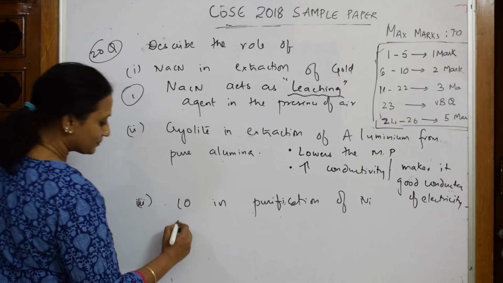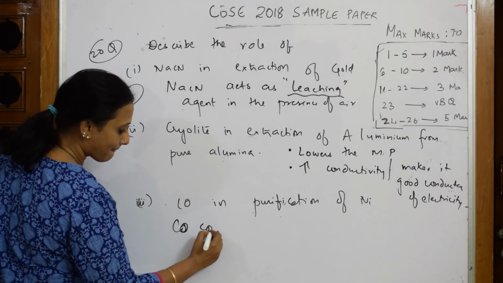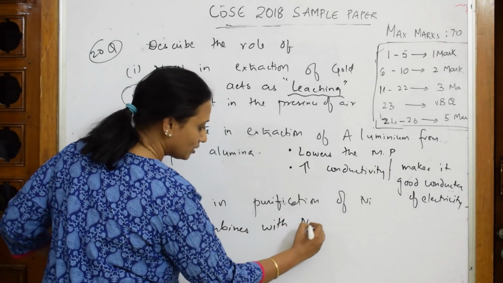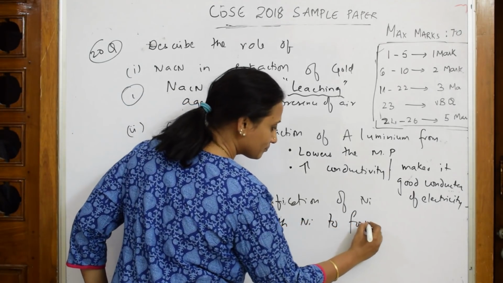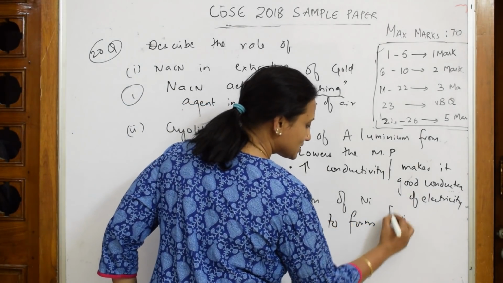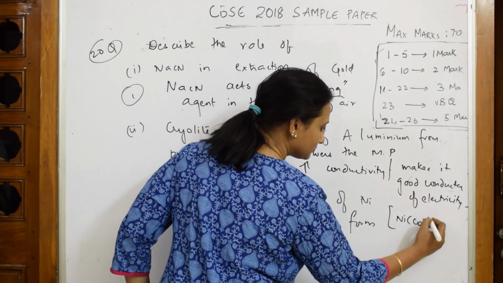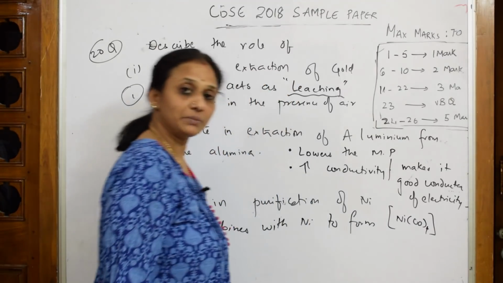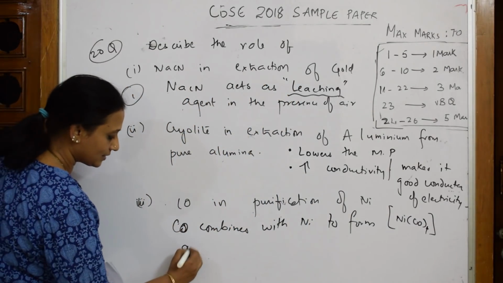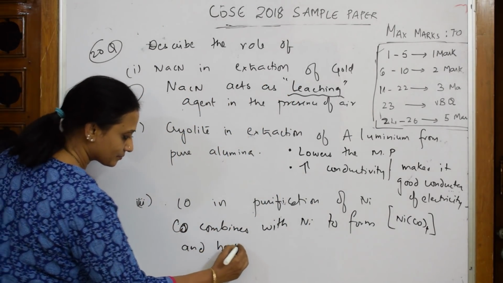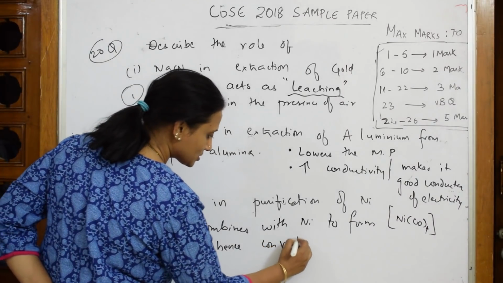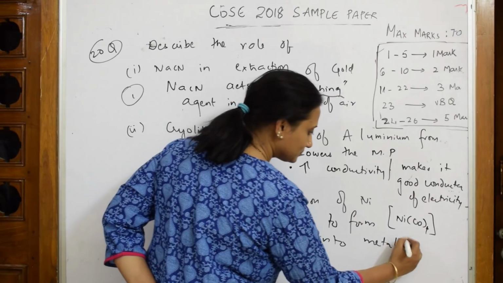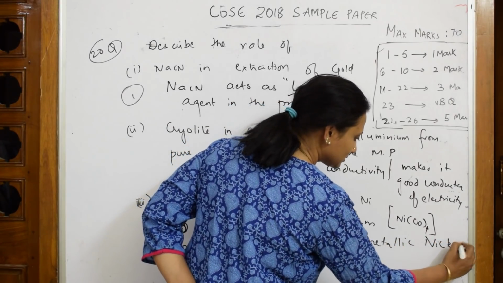So write: CO combines with nickel to form nickel tetracarbonyl, a metal complex, and hence converts into metallic nickel. That's it. This is your answer.